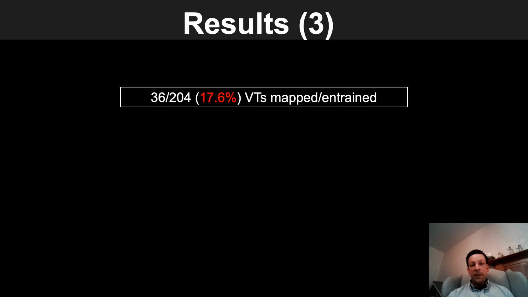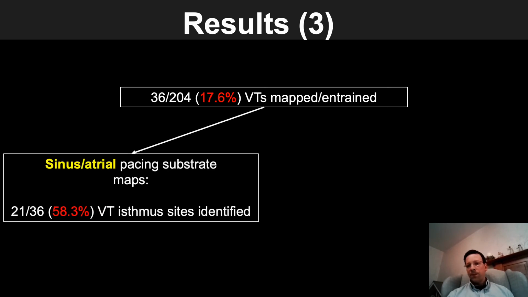In the Physio-VT study, there were a total of 204 VTs observed. Of these, 36, or 17.6%, could be entrained or mapped, thus providing us with the location of the putative critical VT isthmus.